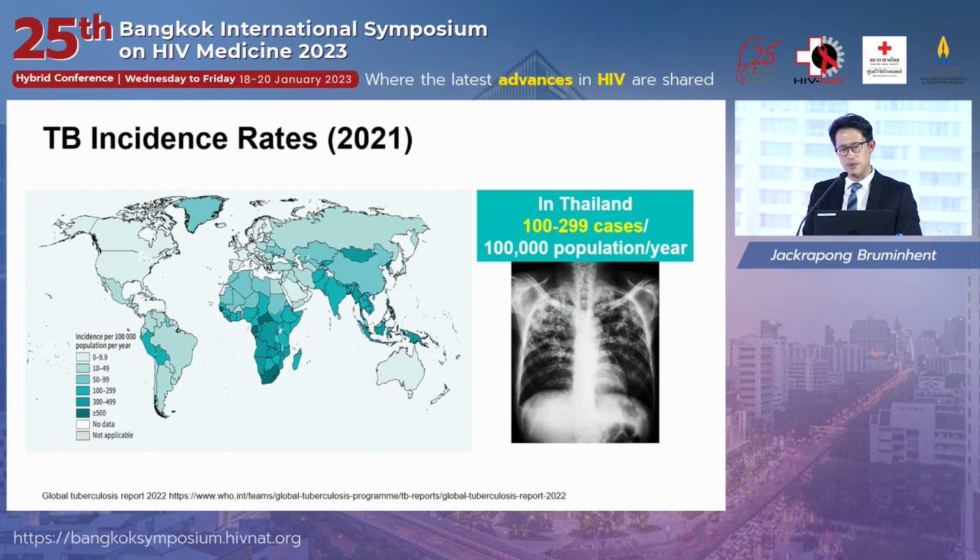So just a summary about tuberculosis. What I want to focus on here is Thailand. I think tuberculosis is still important, but we are kind of in the middle. We are not considered to be super highly endemic, but we are not that low, so we are in between.